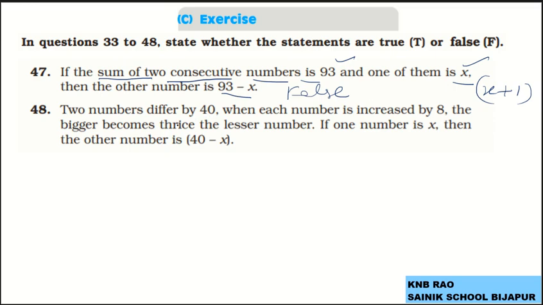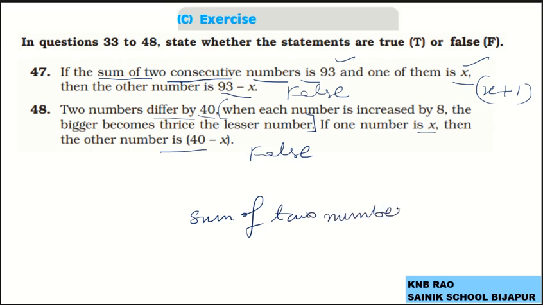Two numbers differ by 40. If the two numbers differ by 40, when each number is increased by, so this is to solve actually. Till here you need not consider. If one number is x, the other number is 40 minus x, it is false again. Why? Because the sum of two numbers is 40.